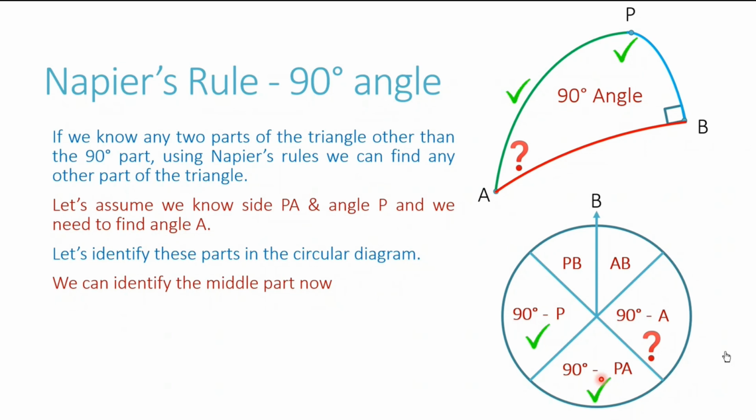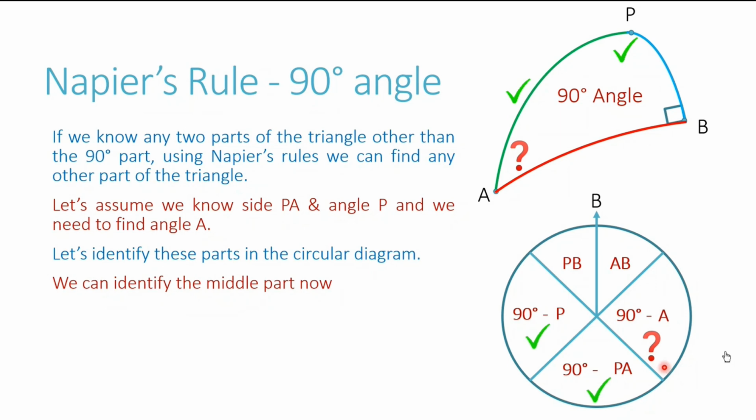So let me explain it to you now. We have identified these three parts in the cartwheel. Out of these three parts, two parts are known to us, which are shown by a tick mark, and one part is what we want to find out, which is shown by a question mark.